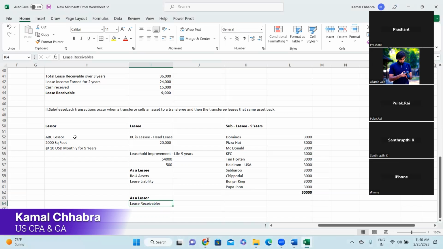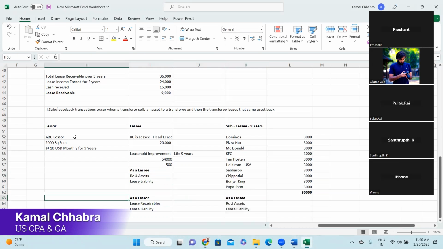So sorry, the lease receivable is my asset, and then the lease liability also comes over there, right? And then these all 10 parties will also recognize this, right?